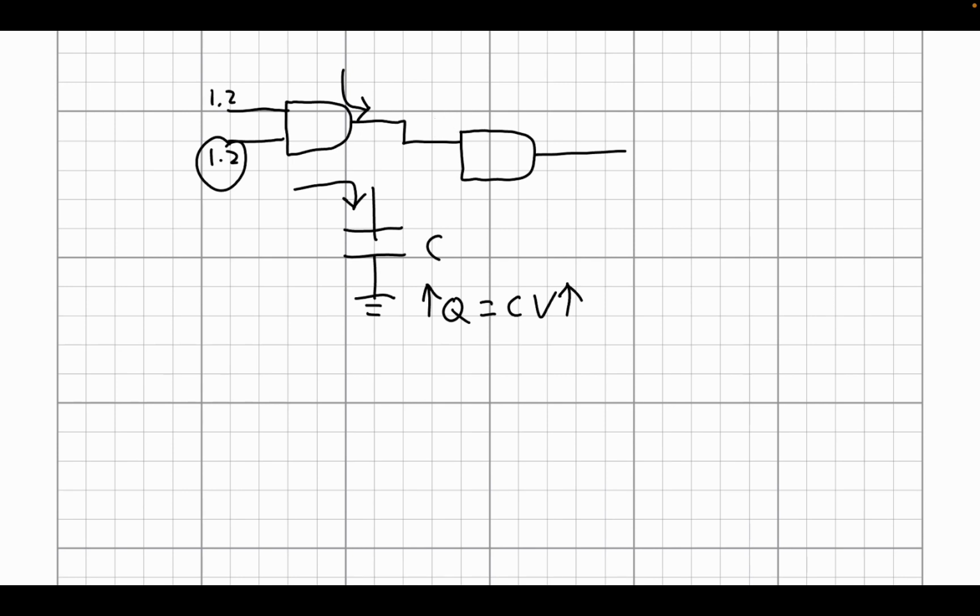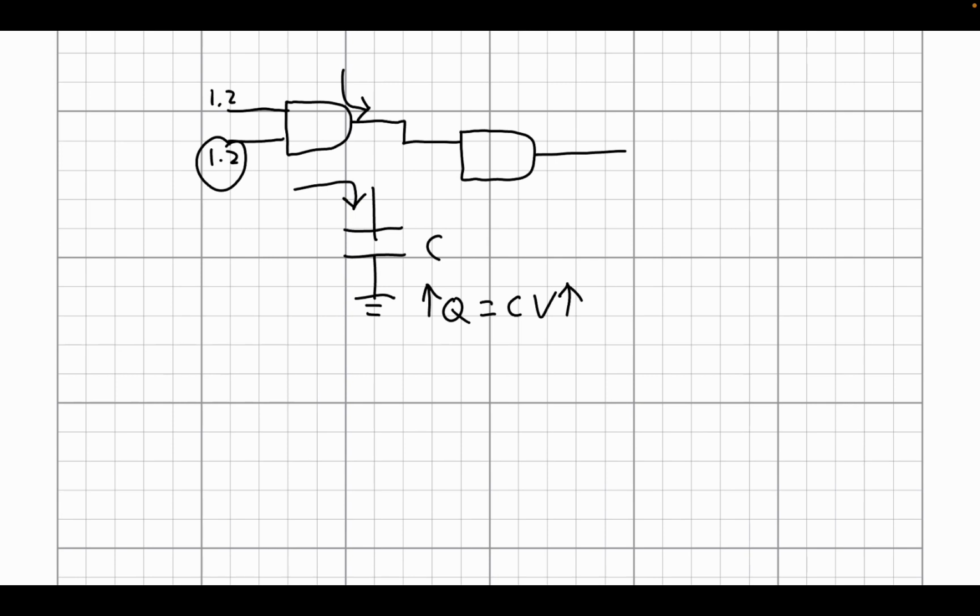However, if we want to measure how slow this first logic gate is, what we actually need to do is measure how long it takes this voltage to rise. And so there's two things that affect that. There's the amount of current that we're getting. The more current you have, the faster it's going to take to charge up that capacitor.